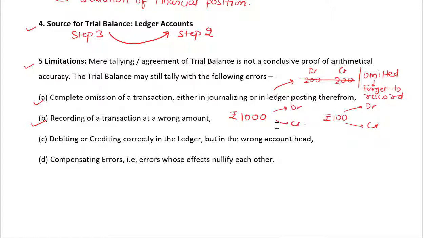So let's continue. Debiting and crediting correctly in the ledger, but using the wrong account head. I'll quote an example over here, my dear students. Supposing you had purchased machinery. The journal entry is machinery account debit, and you paid from bank 1 lakh, 1 lakh.